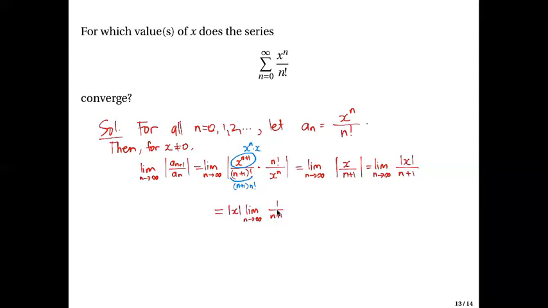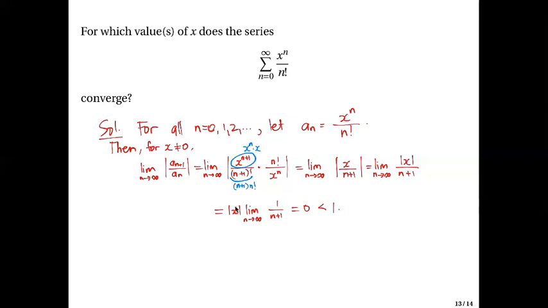The limit of 1 over n plus 1 as n approaches infinity is 0. So if you multiply it by the absolute value of x, this will always be 0, and this is less than 1. This means that this series is absolutely convergent for all x not equal to 0, at least for this part of the solution.